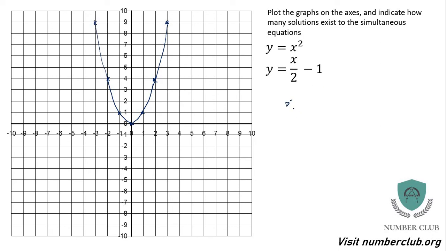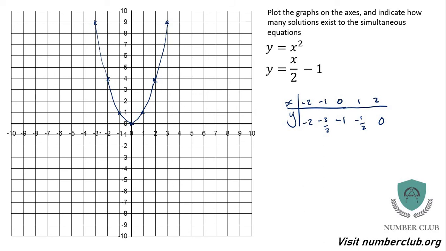Now I'm not sure about x squared minus 1, so we get x, y. Negative 2, negative 1, 0, 1 and 2. So when x is 0, y is negative 1. When x is 1, y is going to be a half, take away 1, which is going to be negative a half. Okay, we're going up by halves each time, obviously, aren't we? Okay, negative 3 over 2, negative 2.